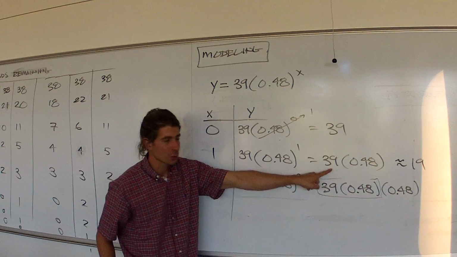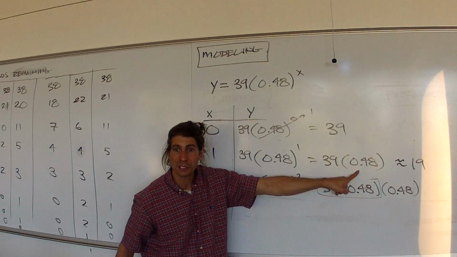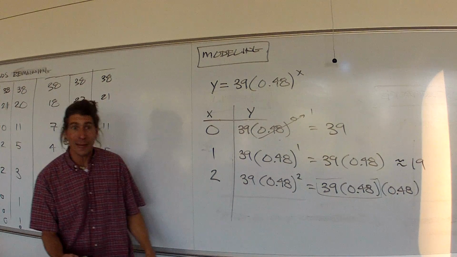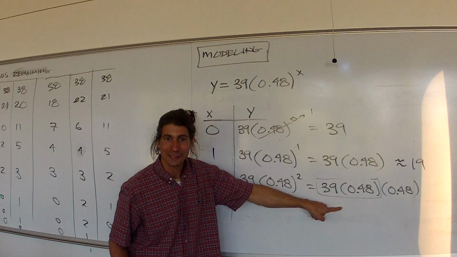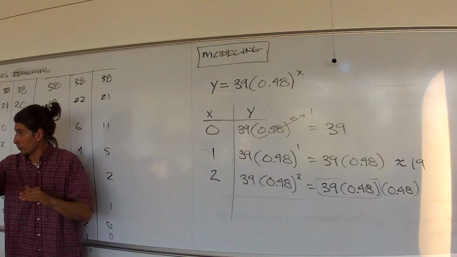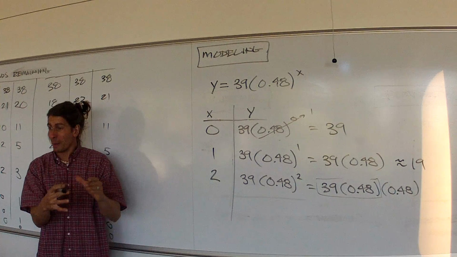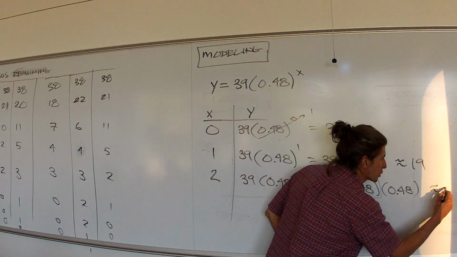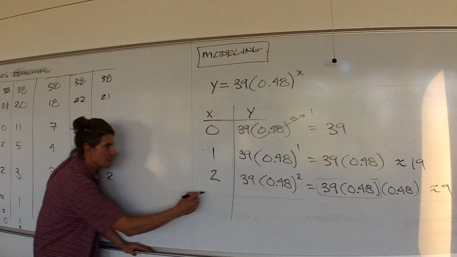So you're applying the constant multiple of 0.48 to the previous term. Yes, you're doing 0.48 times 0.48, but the previous term had one 0.48, and now you're applying a second one. So you're satisfying that definition of exponential with a constant multiple. Once again, you've taken the previous y value, multiplied it again by the same multiple, 0.48, and you've knocked it down essentially by a half again. This is essentially 9 at this point. And you keep going, and you keep going.